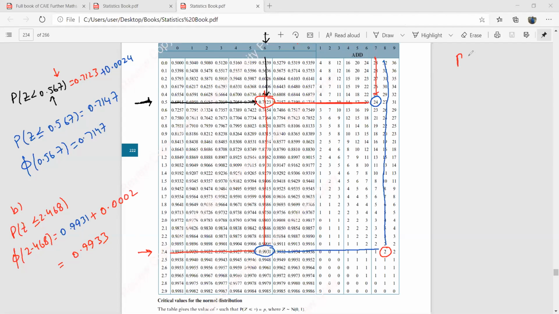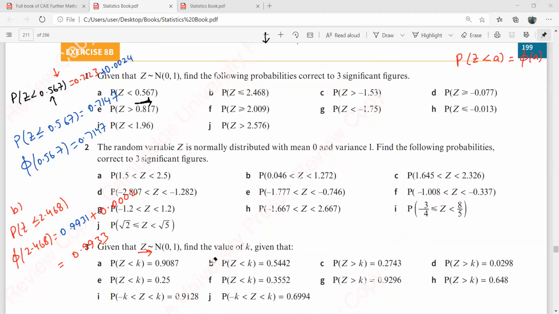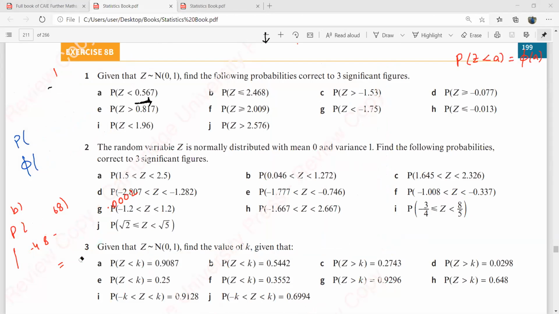So far, you have seen that if you have the probability Z is less than a, this is written as phi of a, and you have seen how to find this phi of a. Next, let me erase these from here. I'll be going to the part E now.